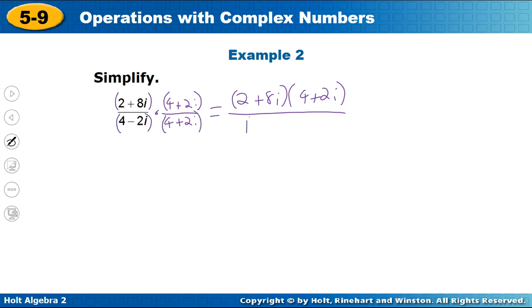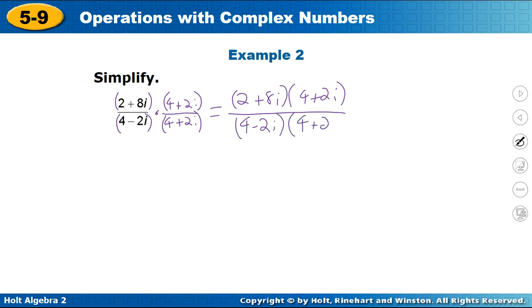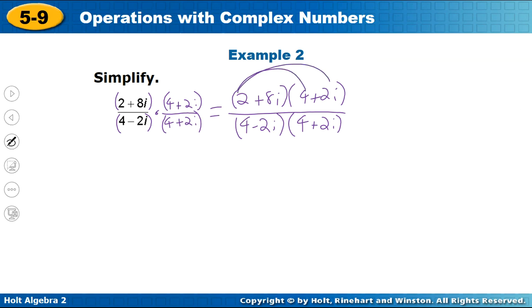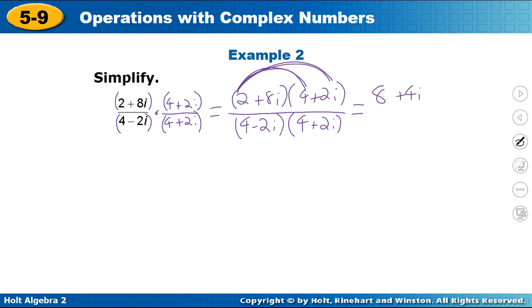I have 4 minus 2i and 4 plus 2i. So one thing at a time, let's multiply the top together, so we'll FOIL them. Distributing the 2, 2 times 4, and then 2 times 2i. So 2 times 4 is 8, and 2 times 2i is 4i.